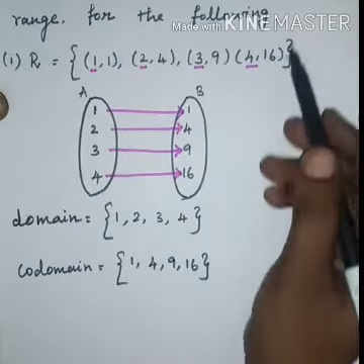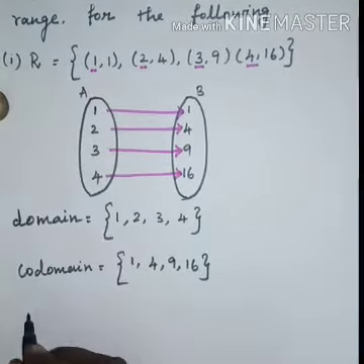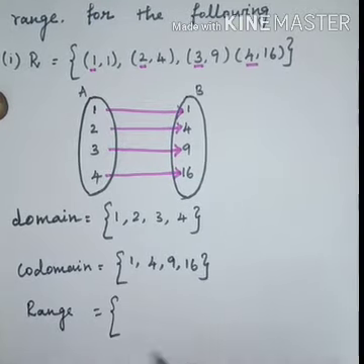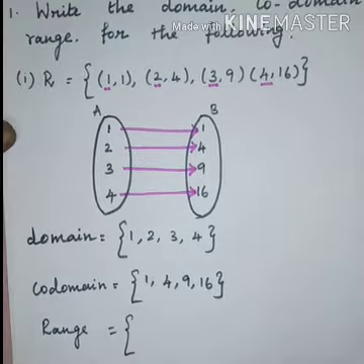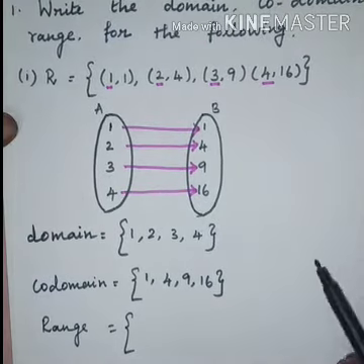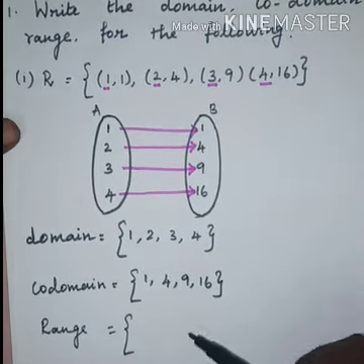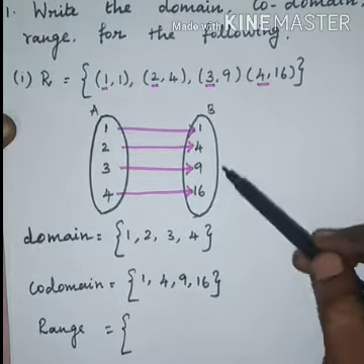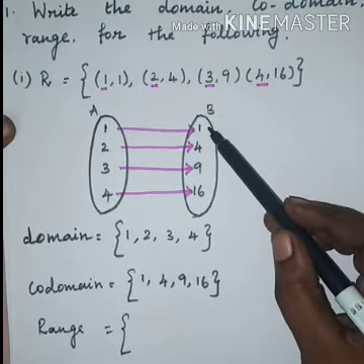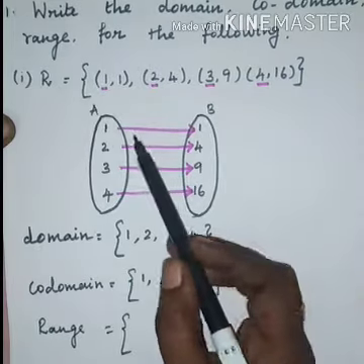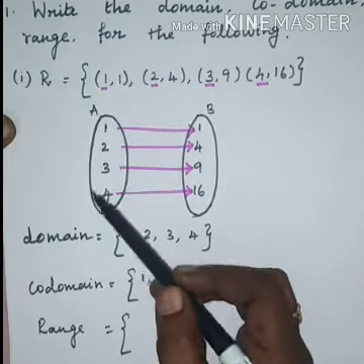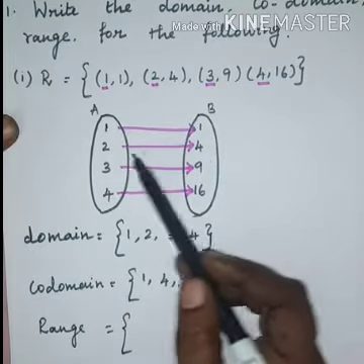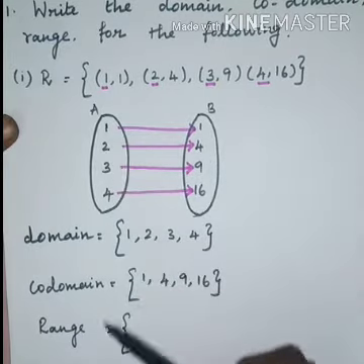And then we have to find the range. What is range? We already saw it. All the elements of codomain which are in relation with domain are called the range.